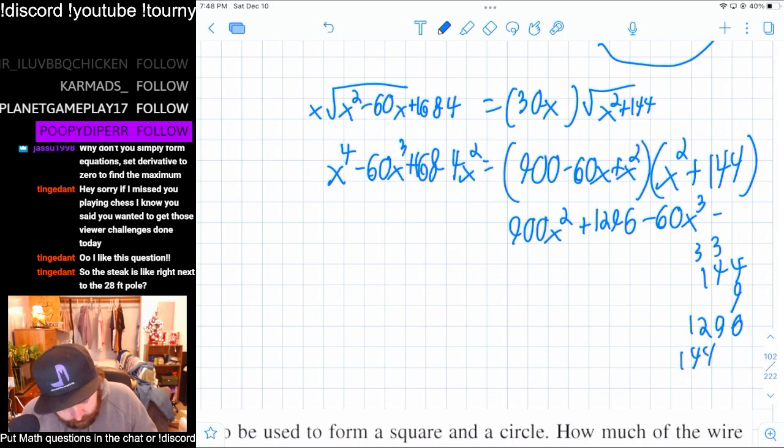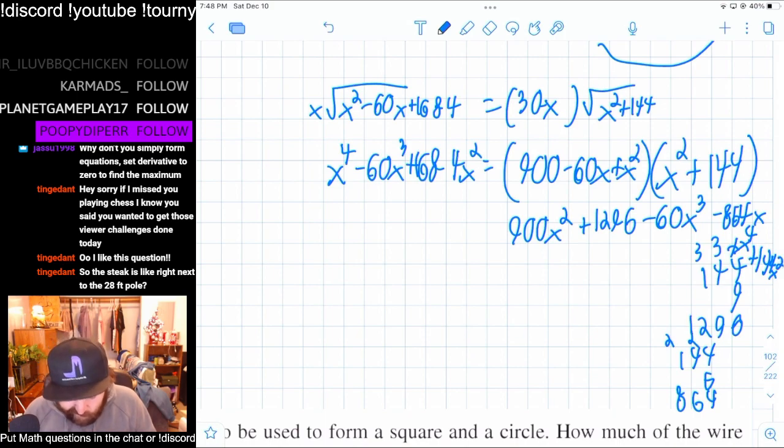Minus, and this was the 144 times 6, which I already did, but I don't remember. 864x, and then plus x to the fourth plus 144x squared. So the x to the fourth on both sides is canceling out. The x cubed on both sides is canceling out.